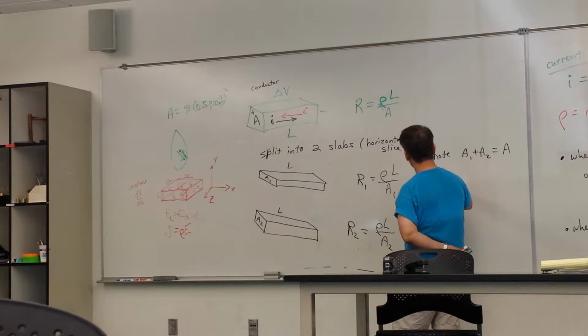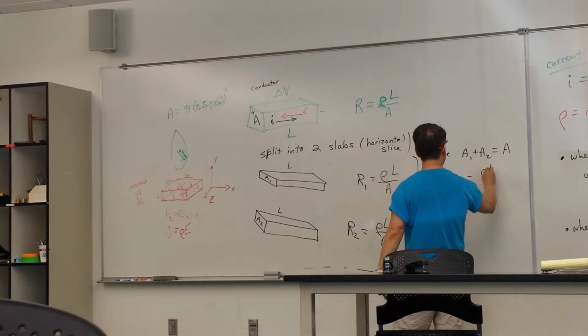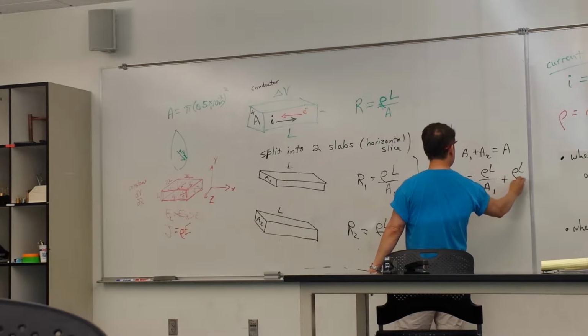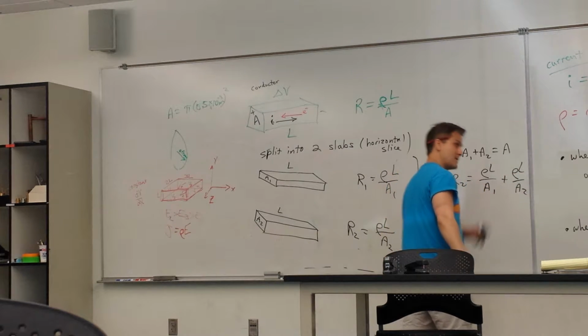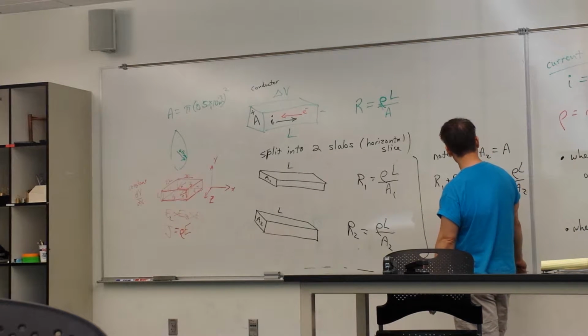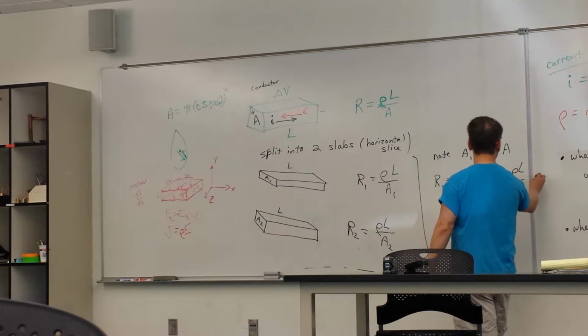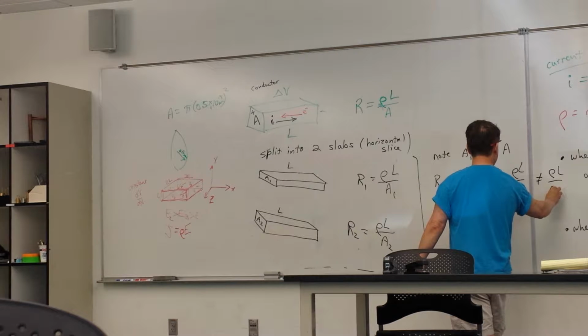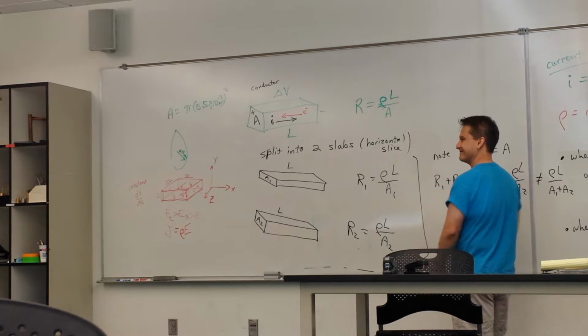So if we just added R1 plus R2, we would get rho L over A1 plus rho L over A2. This does not equal rho L over A1 plus A2. Agreed?